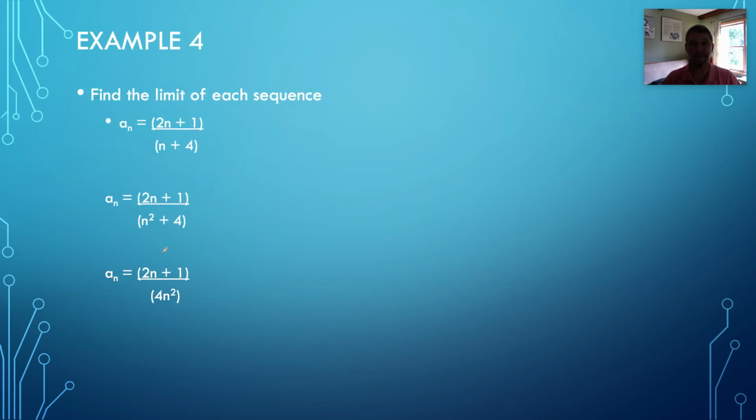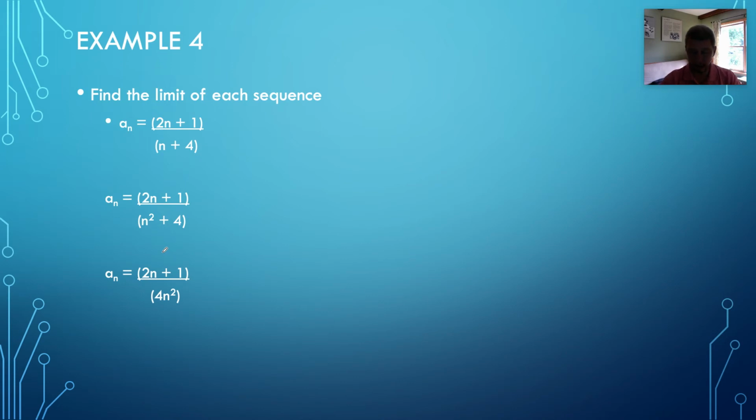So let's do that. All right, for example number 4, you're asked to find the limit of each sequence. And I've given you 3 separate sequences here. And I want you to find the limit of each as the value of n approaches infinity.